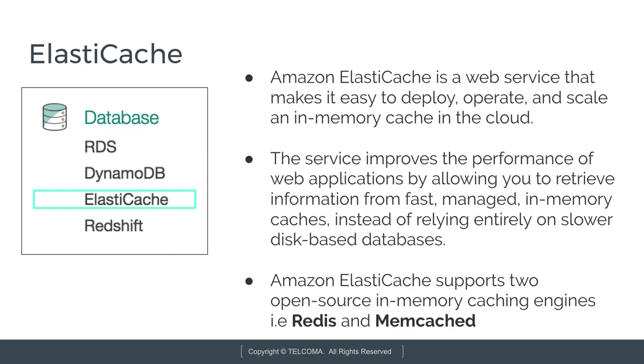Next we have Elastic Cache. Now what is Elastic Cache in AWS database options? This is basically a web service that simplifies deployment, operation, and scaling of in-memory cache in the cloud. Like we require in-memory caching also in a database.